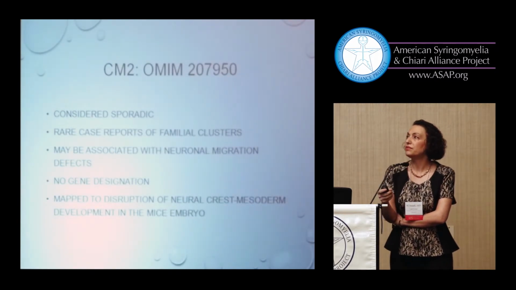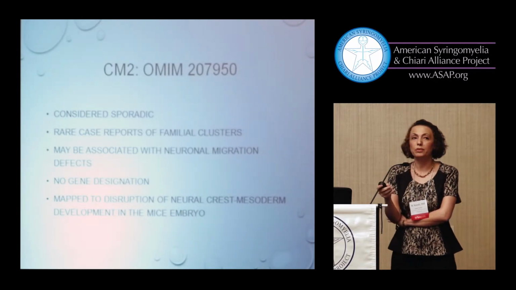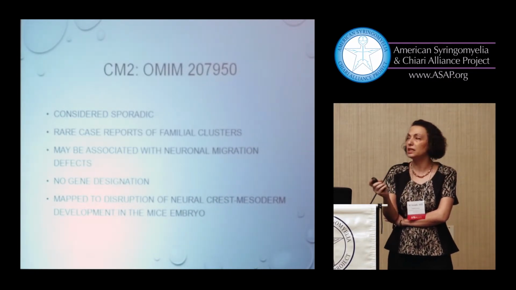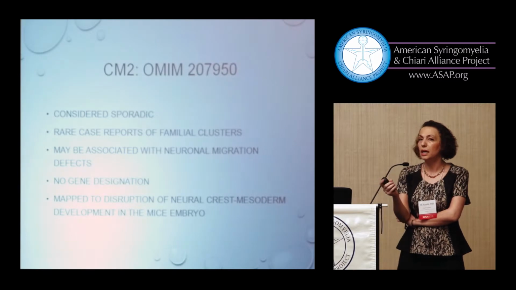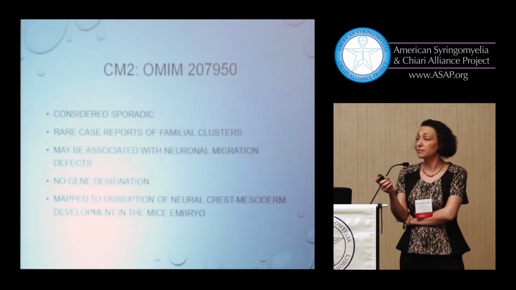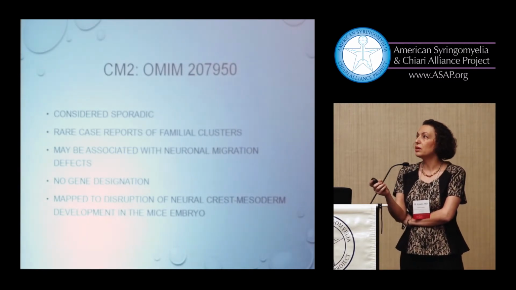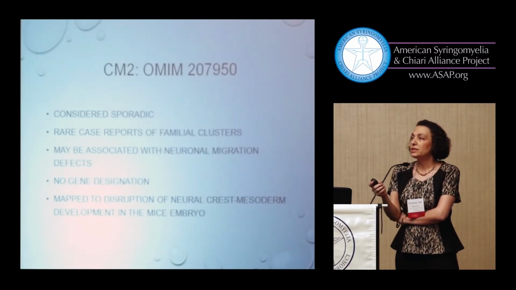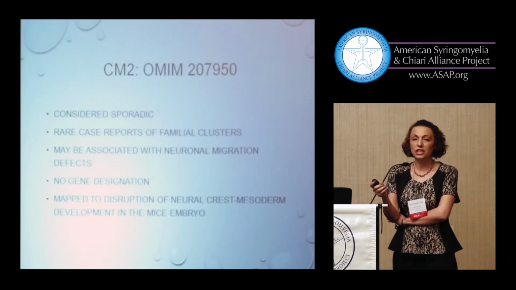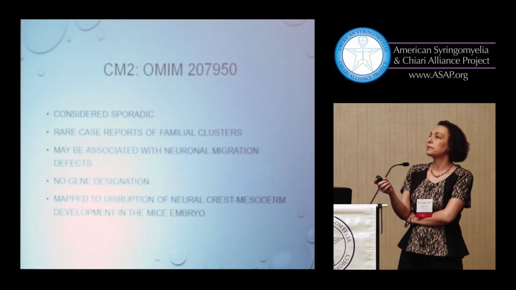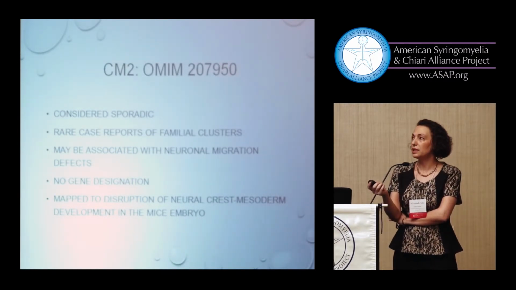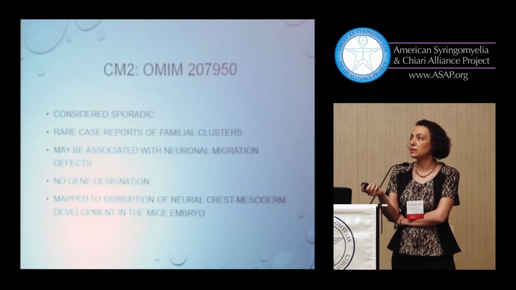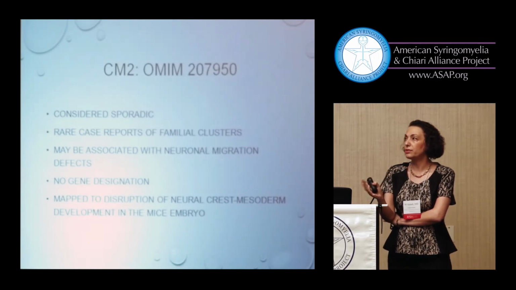Now, in the case of Chiari type 2, again, the most exhaustive search of the literature and the databases tells you that it is sporadic, that there are rare reports of familial clusters, and there is really no single gene that has been identified. Of course, in type 2, as I emphasized earlier, it may be associated with neuronal migrational defects.